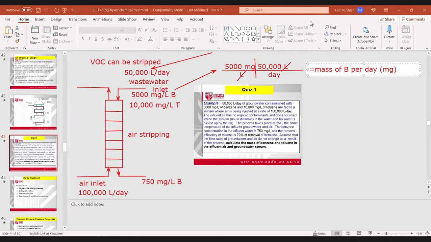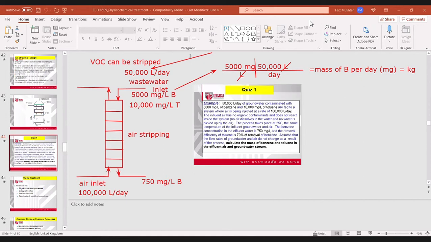So if the number is too large, if you get million, you can divide by 10 to the power of 6, I think, to get to kg. So you can convert that into kg, and you will get an easier number to handle.